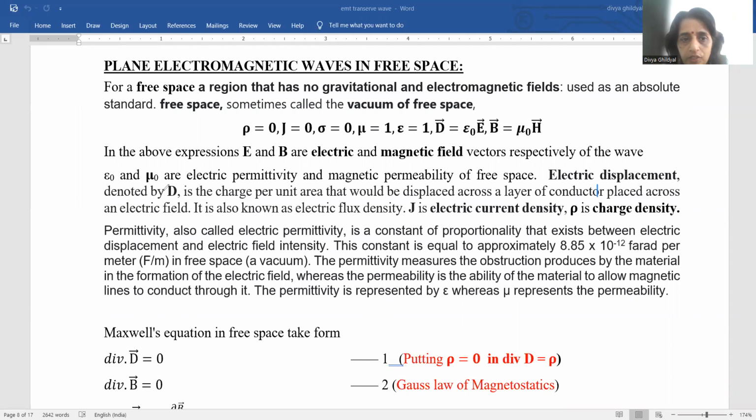Electric displacement is denoted by capital D. It is the charge per unit area that will be displaced across a layer of conductor placed across an electric field. It is also known as the electric flux density. J is electric current density, rho once again is charge density, and permittivity is also called electric permittivity, and permeability.